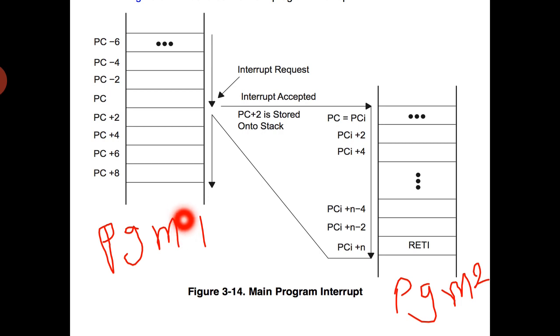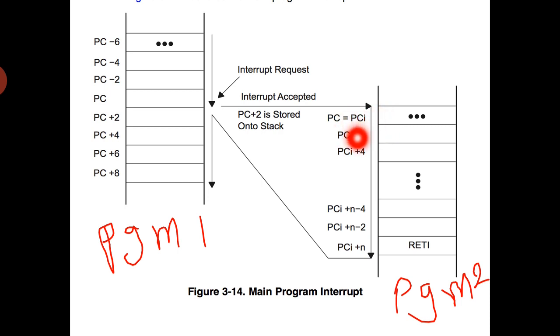Okay, so during the execution of program 1, when some other device requires urgent servicing, it sends an interrupt request to the processor. Whenever the processor gets an interrupt request, it accepts that request and stores the address of the next instruction, means PC plus 2, into the stack, and then the program counter will be updated with the second program's first instruction address.